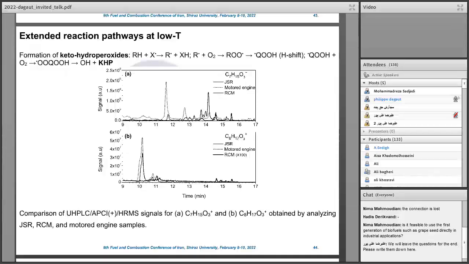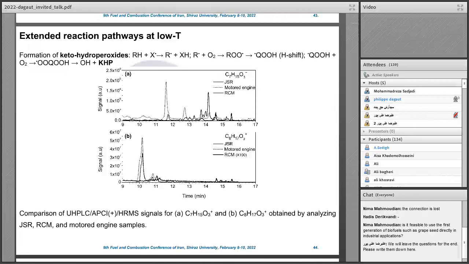So the first are ketohydroperoxides. Those are formed after the peroxidation of the first radical to produce RO2, H-atom transfer, and then second O2 addition and decomposition after H-atom transfer, and you get this ketohydroperoxide.